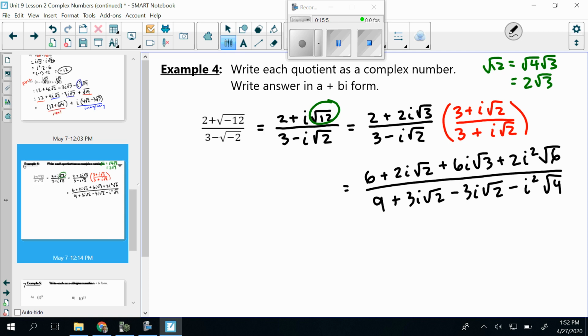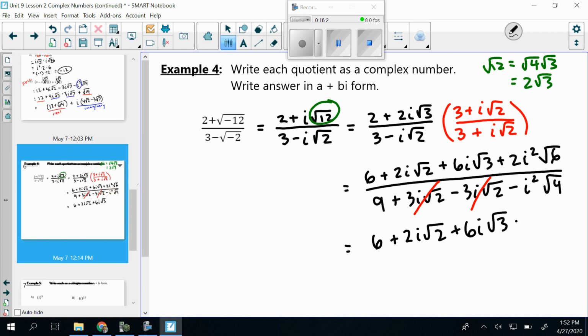Okay, now just some stuff that we can look at here. I see that our conjugate terms, we always should have those cancel out because they are the same thing but opposite signs, so those definitely cancel. We also know we can change our I squareds to negative, and so doing that now we have this. It's always good to simplify a little bit each time.